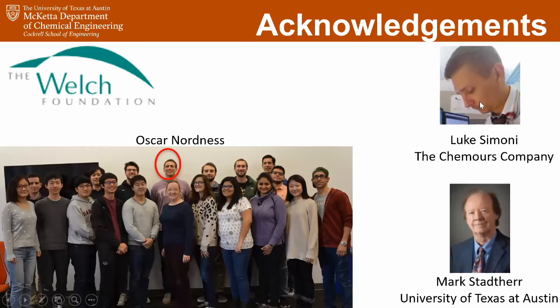This method was originally played with by one of my students with Mark Stadtherr when we were at University of Notre Dame, Luke Simoni, who's currently with Moores. He had just put it in the appendix of his thesis and had never actually published it.